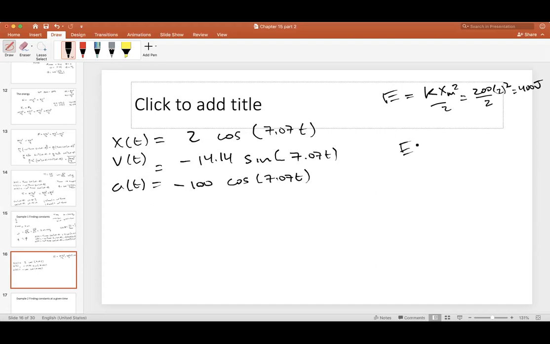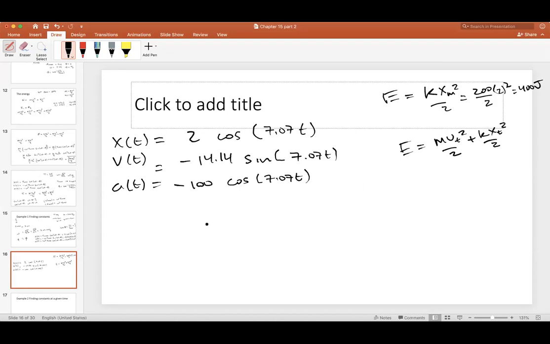And I could say, well, if I want to know the velocity at time t, I could use m v squared over 2 plus k x squared over 2 and set this equal to 400 joules. But why not just solve this, right? If you knew what x was and what v was, you could figure out what time was. That might be a transcendental equation. Don't care about that so much.